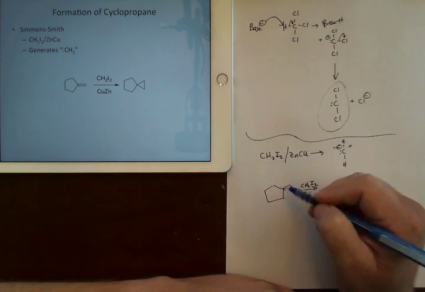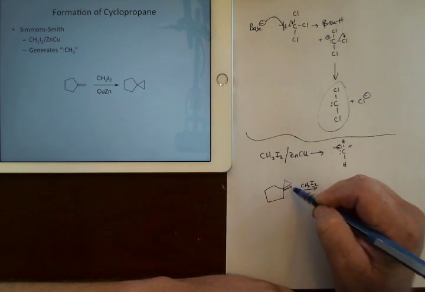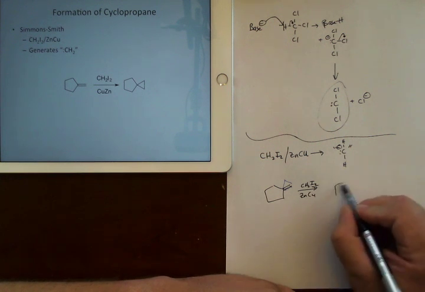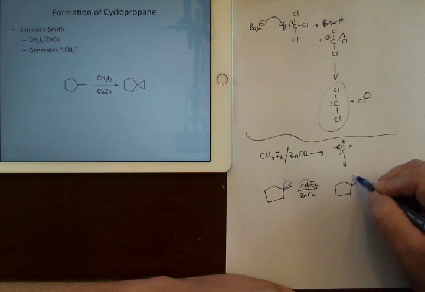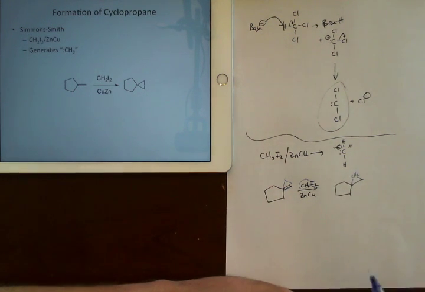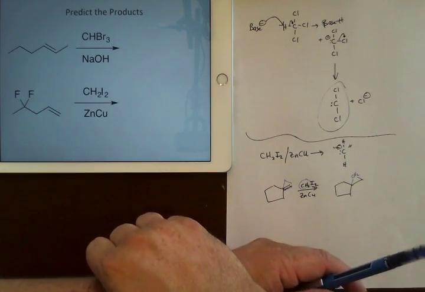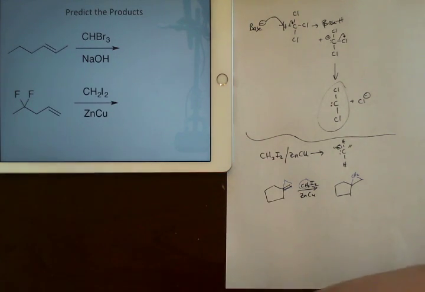You take out that double bond and you put a triangle there. And so this CH2 here, like that. Cyclopropane.